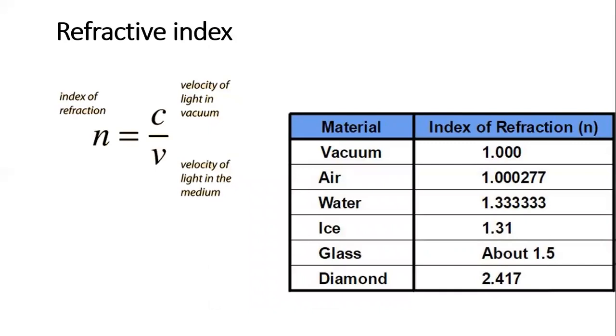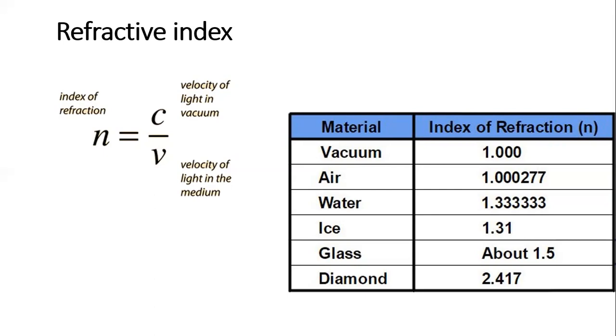So look at here. How can we define refractive index? Refractive index is denoted by n and given by the ratio of the velocity of light in vacuum to the velocity of light in the medium. So this is the definition of refractive index. The refractive index of vacuum is 1.